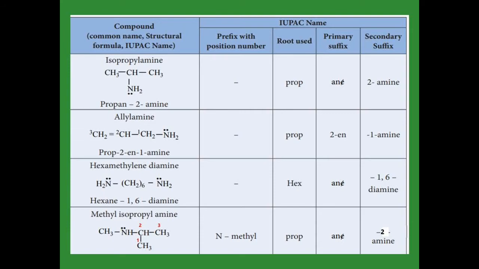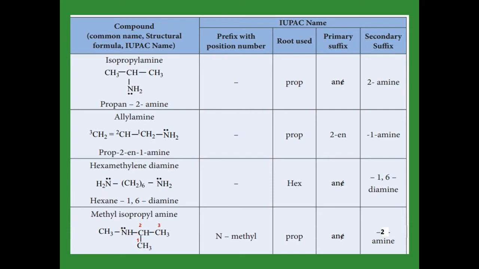If you expand this CH2, the first carbon and the last carbon have amine, so we write 1,6 diamine. So the IUPAC name of this compound is hexane 1,6 diamine.